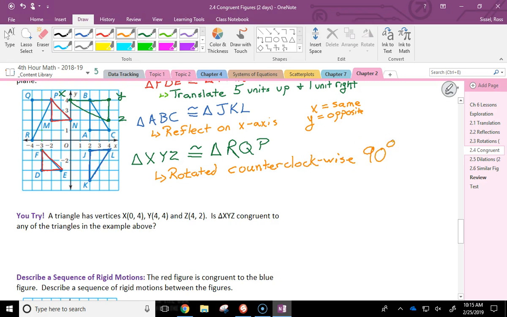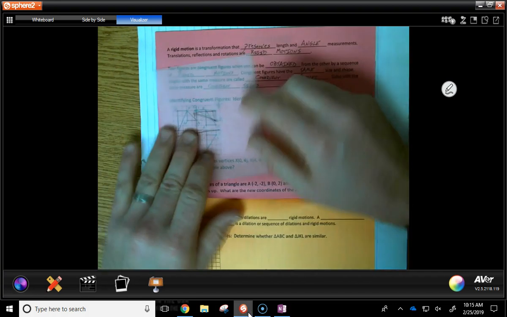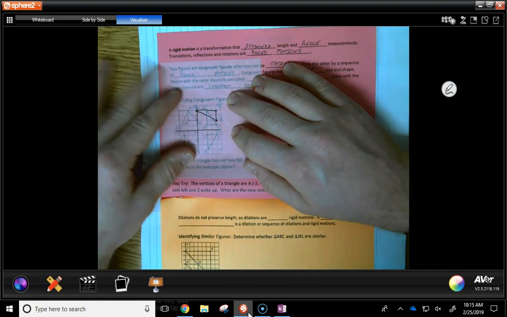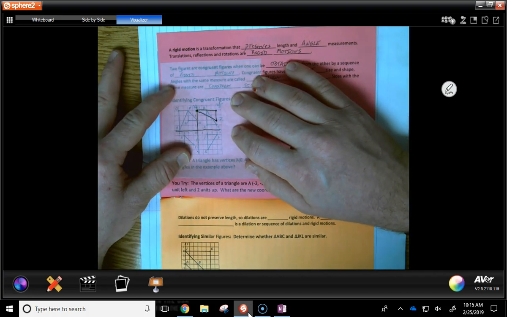Now, a lot of parts to this. So, make sure that you're following, because I think this should be pretty simple. Dusty, give you one warning. This should be fairly simple using tracing paper. Line the stuff up, and I traced it. And I looked for what triangle could it match up with.